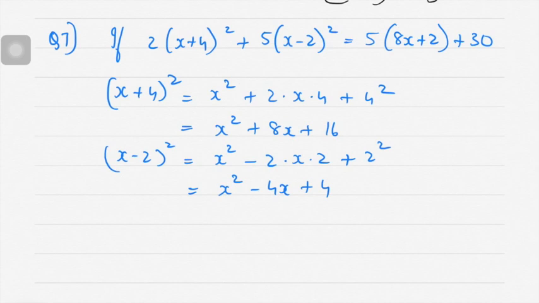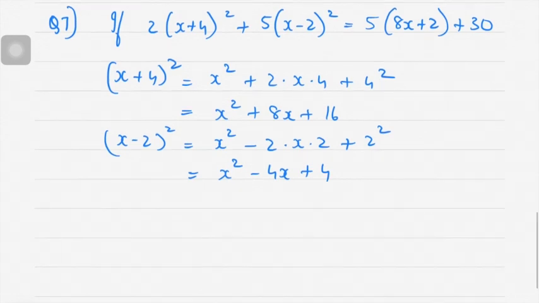Okay. Now we can substitute x square plus 8x plus 16 instead of (x plus 4) the whole square, and instead of (x minus 2) the whole square we can write x square minus 4x plus 4. Correct? Then just substitute both the values.